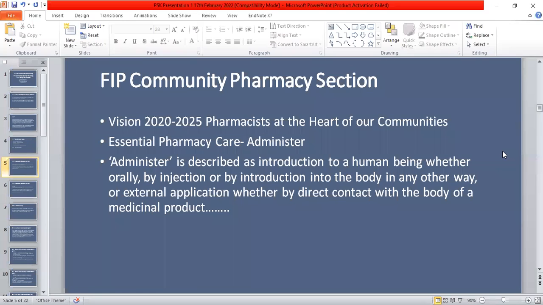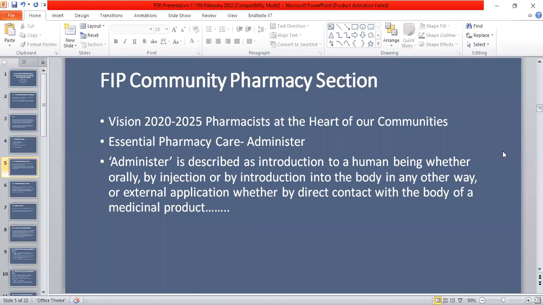And what we need to take note of here is the injection as well as introduction into the body in any other way, meaning that as pharmacists, we need to be able to upskill and be able to upgrade the services.